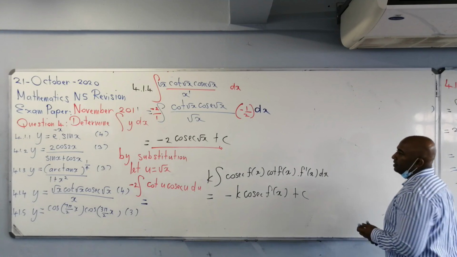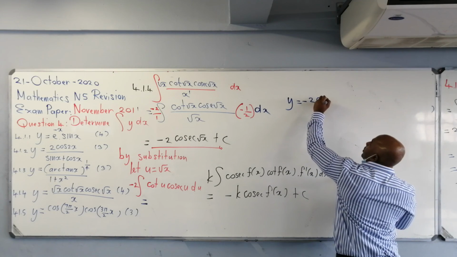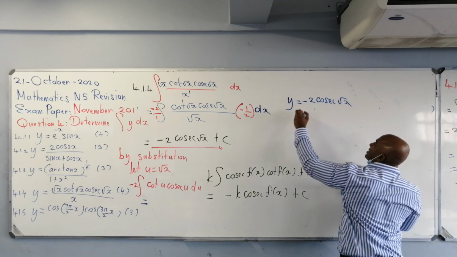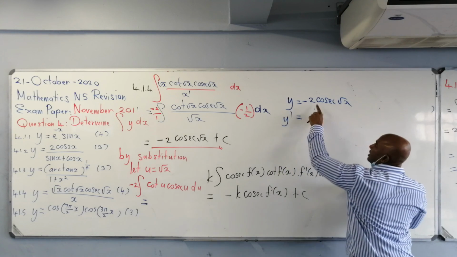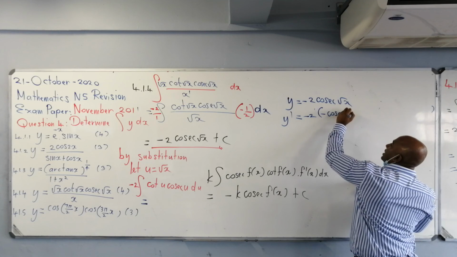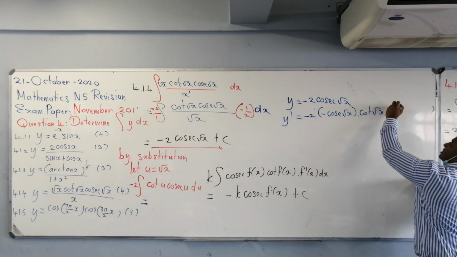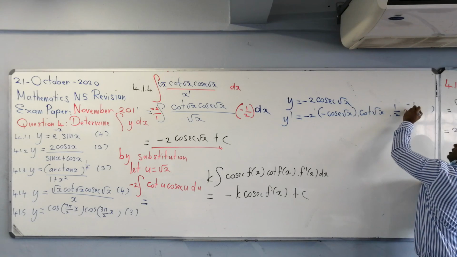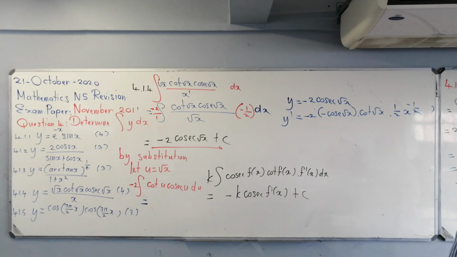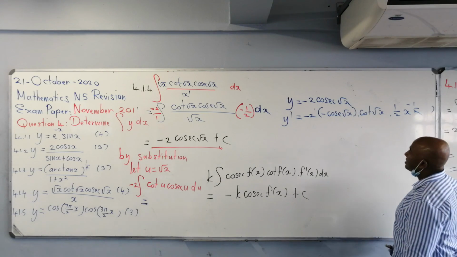So if I have y equal to minus 2 cosec of root x, then y prime, the derivative, is going to be negative cosec root x times cot root x times half x to the power minus half. Can you see that? That's the derivative of minus 2 cosec of root x.